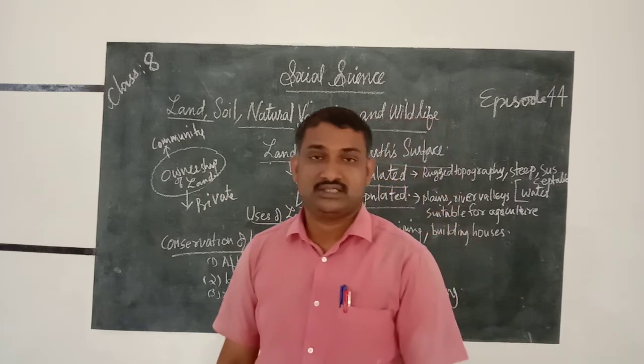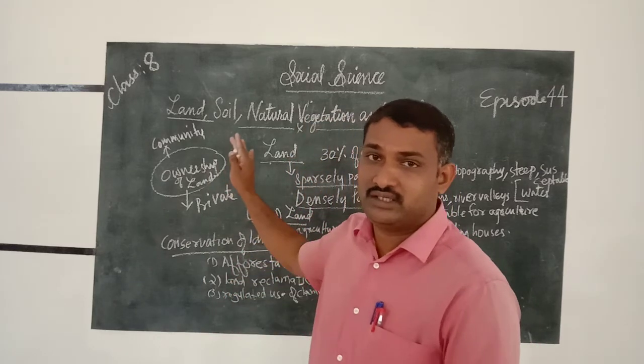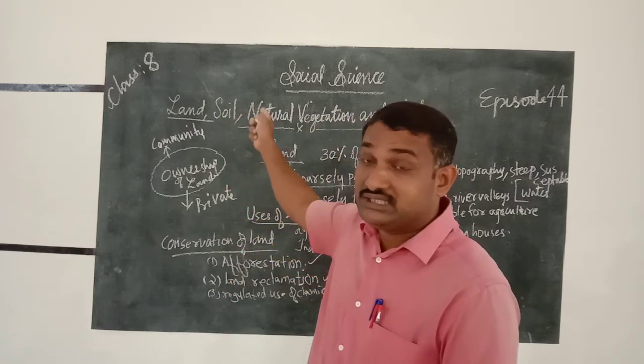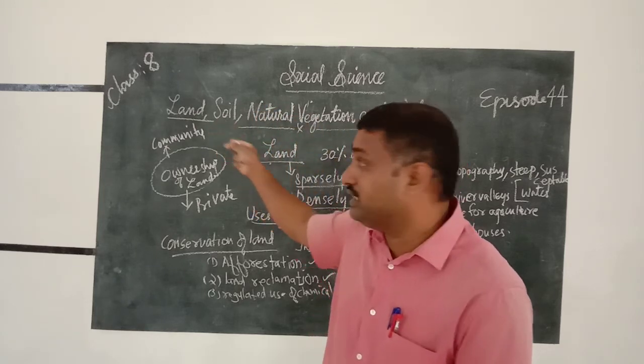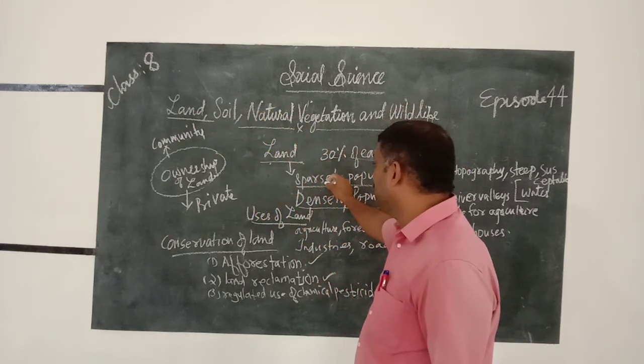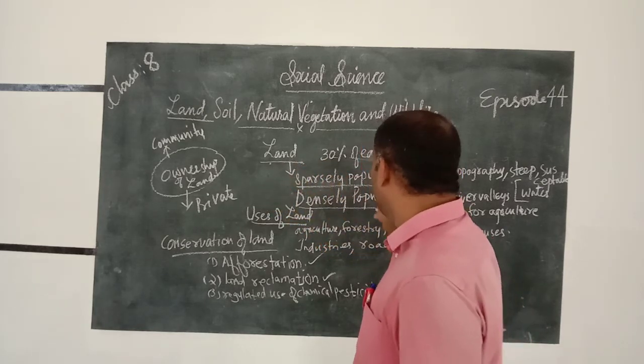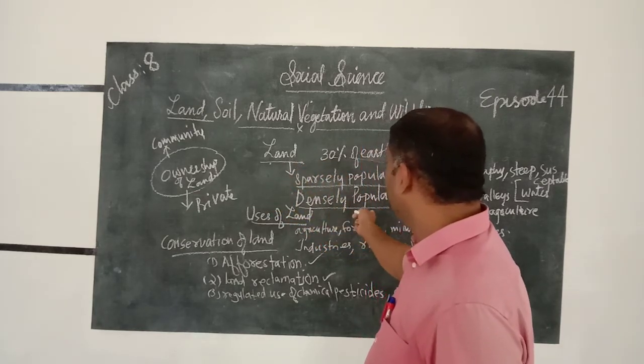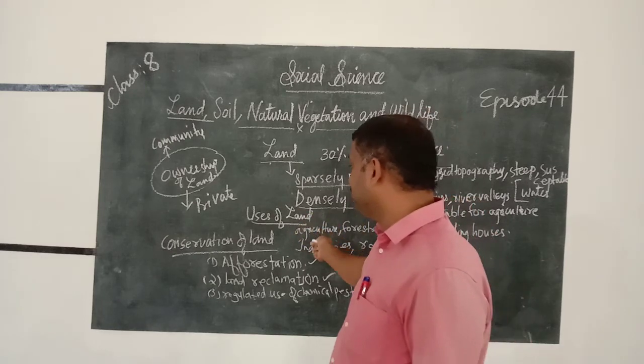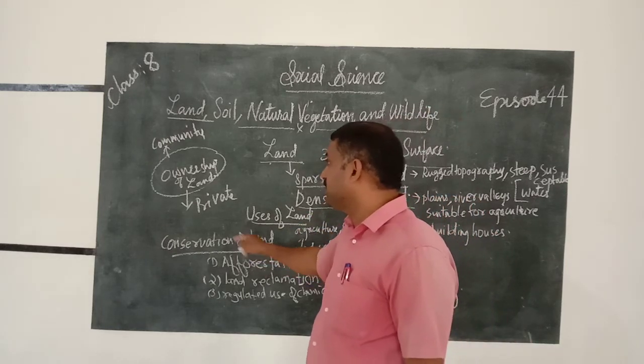I hope that you understood this very well. These types of questions will come, and you can answer them. What are the different types of land, importance of land, sparsely populated areas, densely populated areas, uses of land, conservation of land.